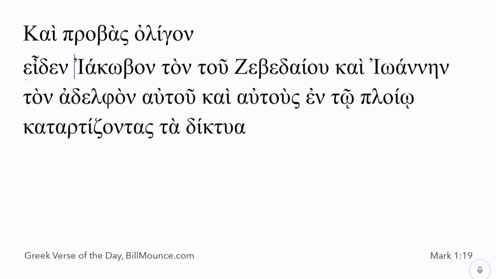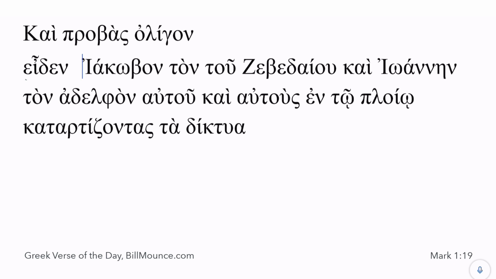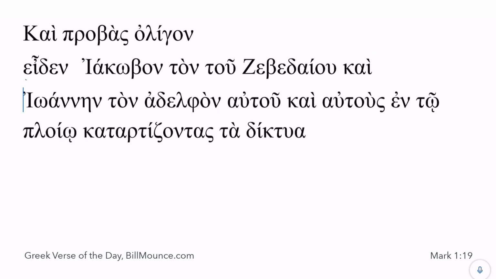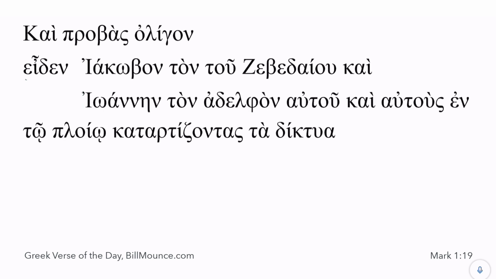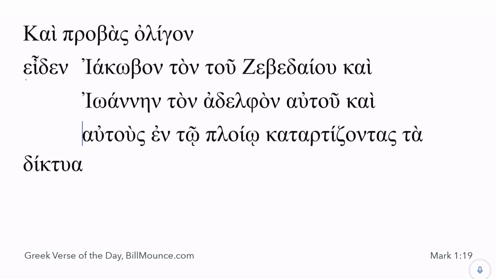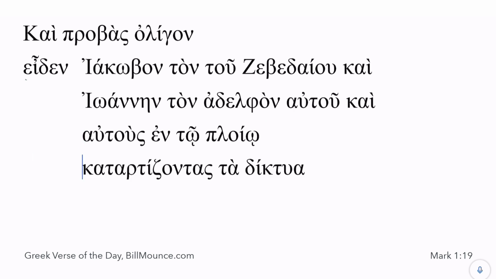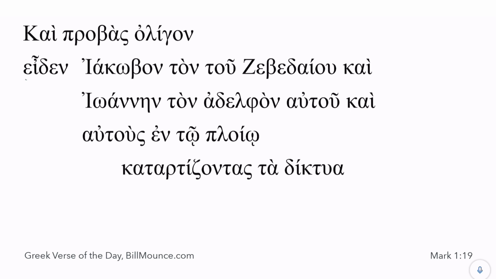I'm going to put a tab right here so I can line up James and John. James was the son of Zebedee, and John, his brother, and those in the boat. And what were they doing? They were mending their nets.